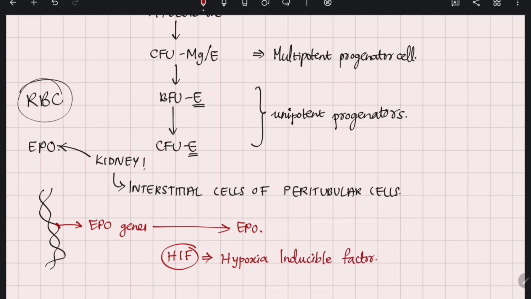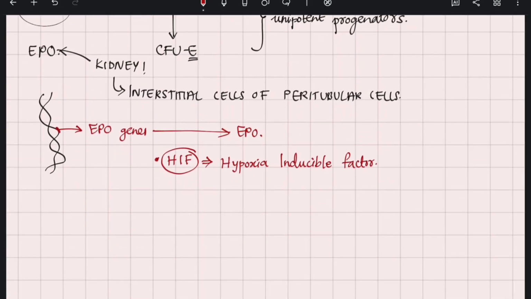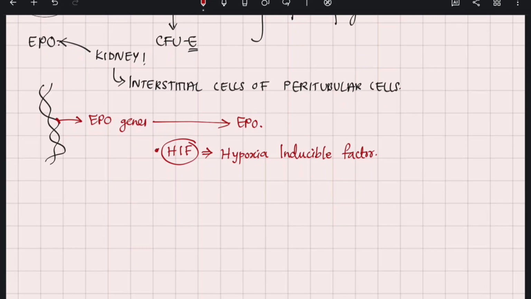So as the name suggests, it's hypoxia inducible. So it will be induced by hypoxia. But how? Normally in the cell, the HIF is inhibited by an enzyme or an inhibitor, okay, which is asparginyl hydroxylase.